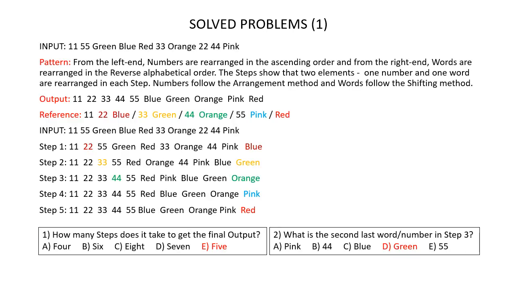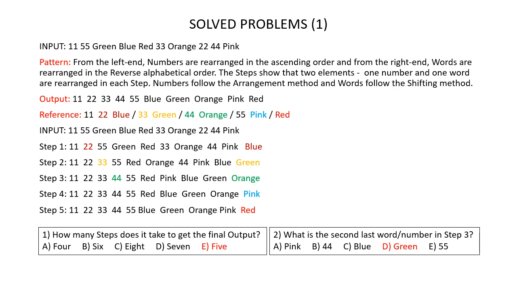This is the given input, which consists of both numbers and words. Now we have to use the same pattern used by the machine for rearrangement on this given input and find out the rearrangement steps and the final output. We know that the pattern followed by the machine is like this.